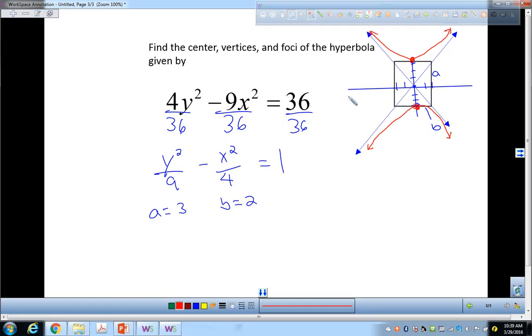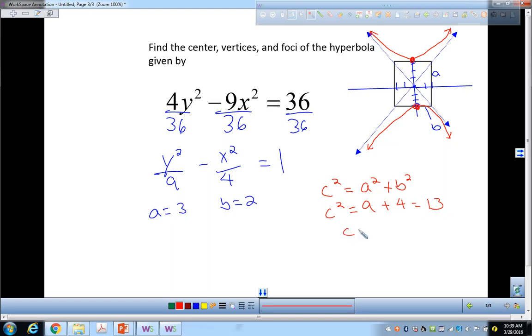And so then to find the foci, they're related by c squared equals a squared plus b squared. Well, I know a squared is 9, and I know b squared is 4, so c squared equals 13.